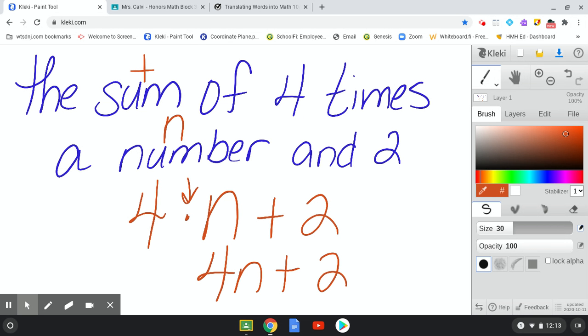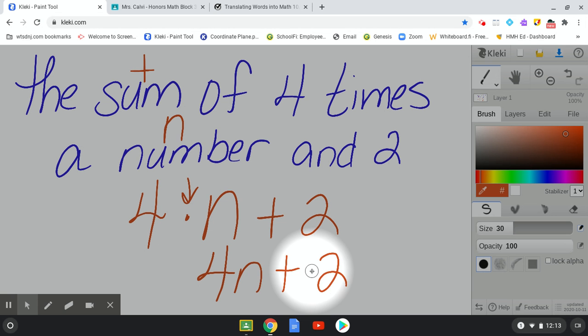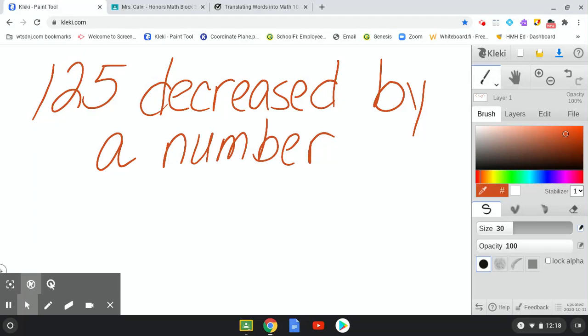This is saying 4 times a number, and then we're adding 2 to it because sum means to add. Okay, it takes a little while to get used to, but once you start doing them, it becomes a little easier.